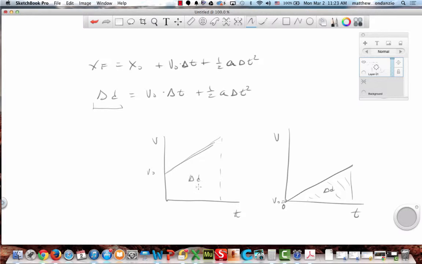That's our delta distance, which is essentially this portion plus this portion. And we know that this distance is this guy right here, which is the same as this. And we know that this distance is this guy right here.